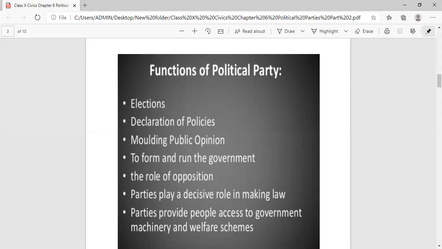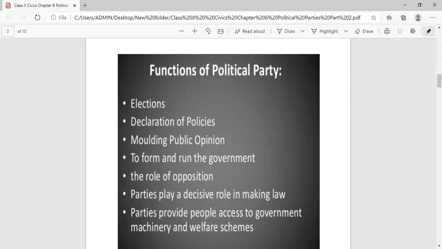In the USA, members and supporters of a party choose the candidates. But in India, the top party leaders choose candidates for contesting elections. So in the Indian political scenario, the members of the political party do not have any right to choose the candidate.